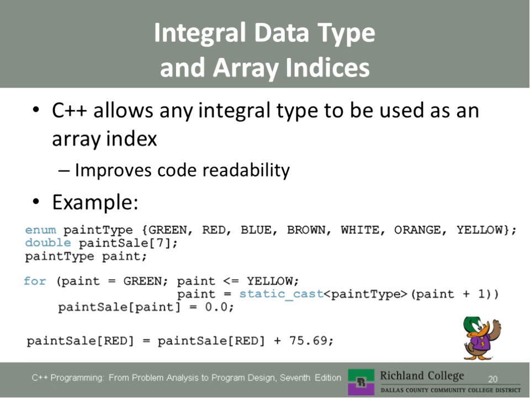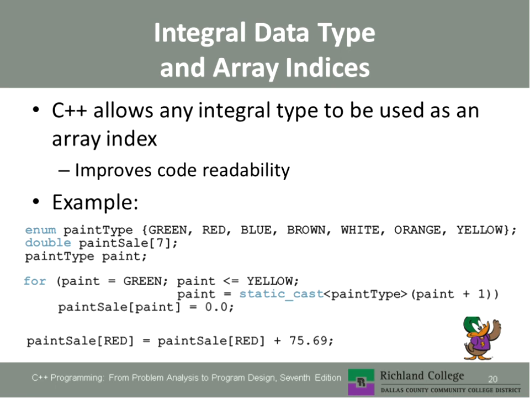It seems like we're holding the sales of maybe a lot of paint. Which one are we trying to increment? The red paint sales. So it's not going to be index value 1, whatever that is. You can see that the array identifier has a meaningful name, and now the index value also has a meaningful name.